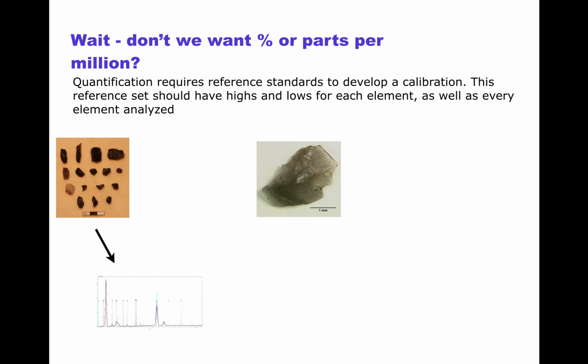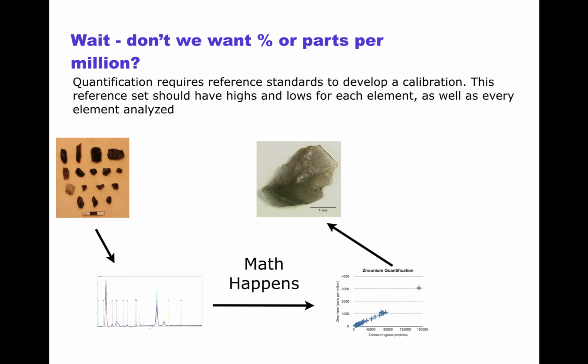We obtain spectra from these reference standards to capture ideally the minimum and maximum of every element present. Then math happens, and then we produce what is called a calibration curve. This calibration curve is then used to articulate the variation we see in the photons of our sample into something quantitative, like weight percent or parts per million.